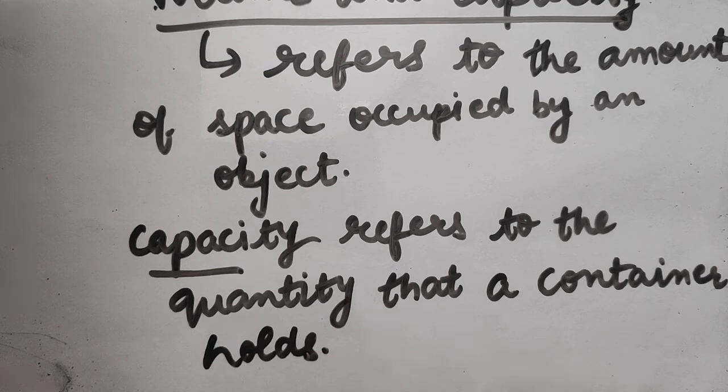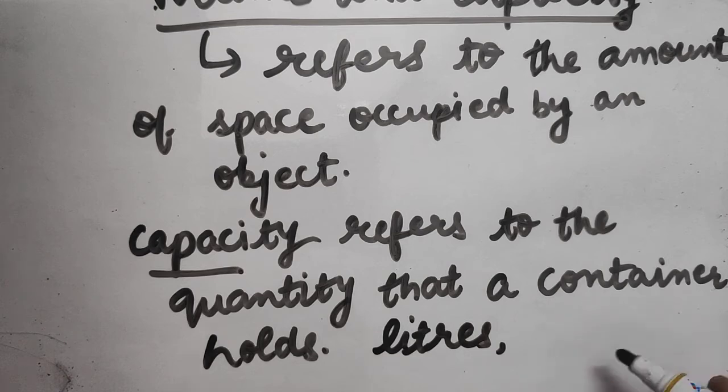So if a water tin holds 100 centimeter cube of water, then the capacity of the water tin is 100 centimeter cube. Capacity can also be measured in terms of liters, or as I have given you the example, in centimeters cube.